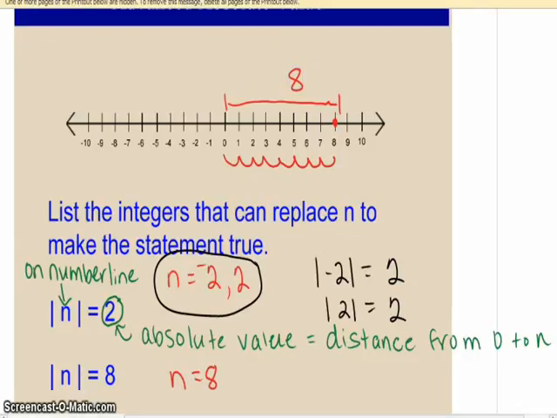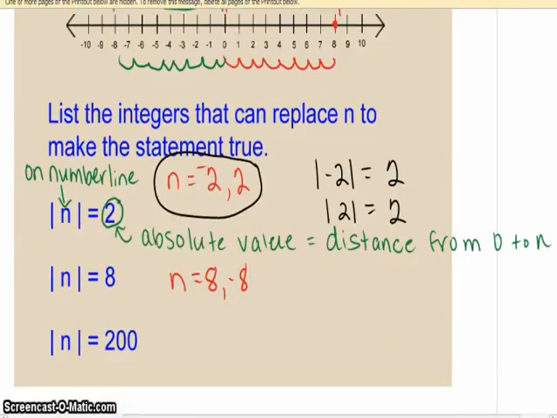Now if you're thinking to yourself, well, I bet the distance from 0 to negative 8 is also 8, then you're on the right track there as well. Because we can count over 8 in the negative direction and get a distance of 8. Therefore, n is both 8 and negative 8.